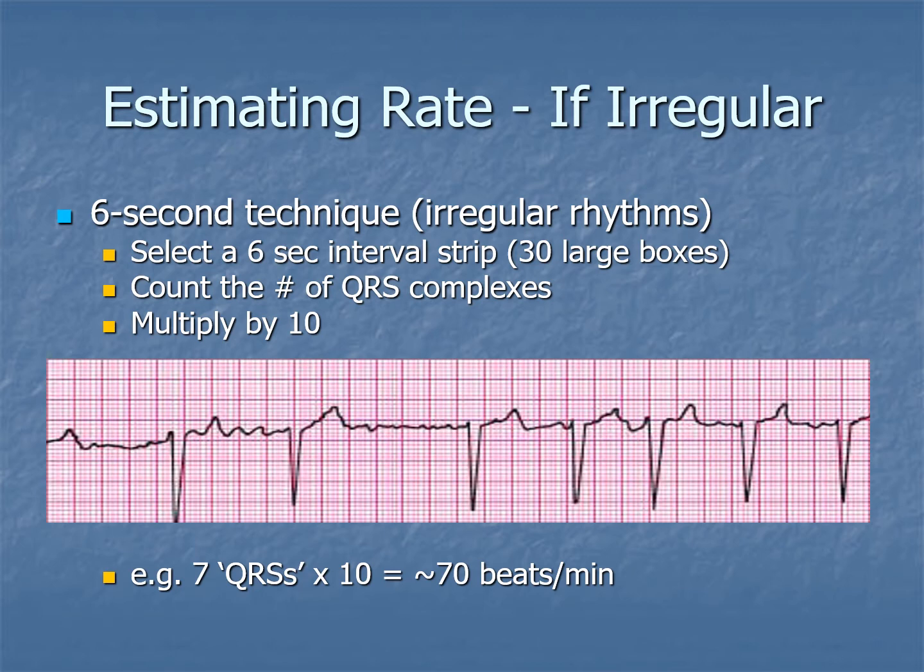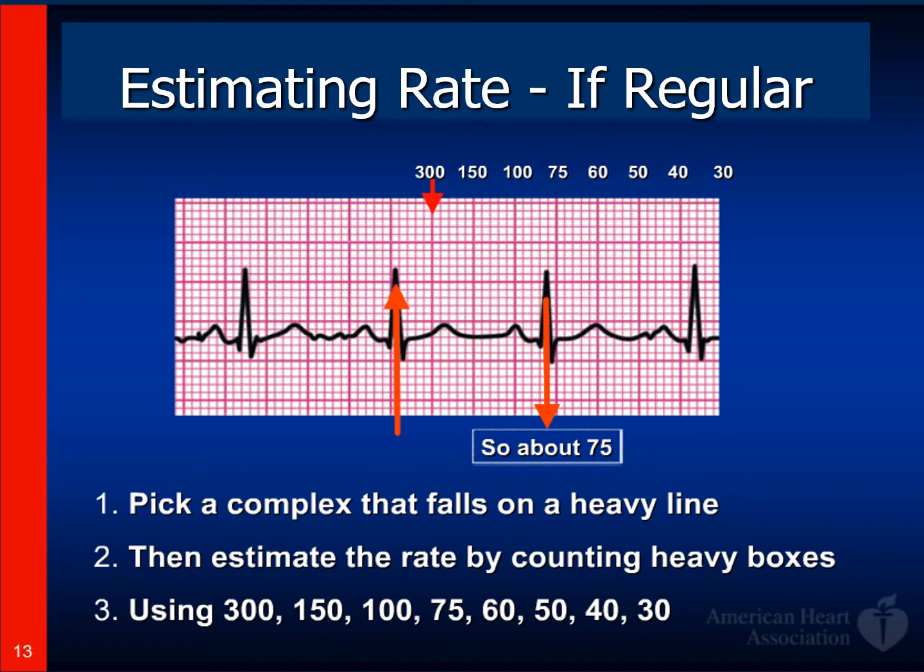So that's one technique. Another technique, if the rate is regular, is picking a complex that falls on a heavy line. Then estimate the rate by counting the heavy boxes in between the next, if you will, QRS complex. And basically what you're doing is, if there's, for instance, 1 box, it would be a rate of 300.